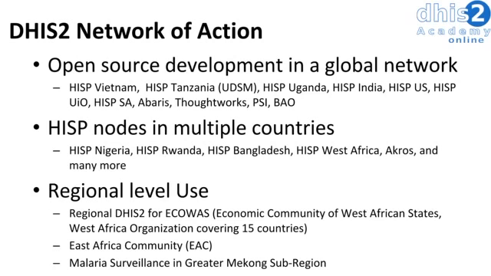In these cases, we have countries sharing data together using DHIS2 and allowing individuals to analyze this data together. This includes building DHIS2 portals which share data within the Economic Community of West African States, the East African Community, and the Greater Mekong Subregion. These are just some examples of how DHIS2 is being used to share data regionally.